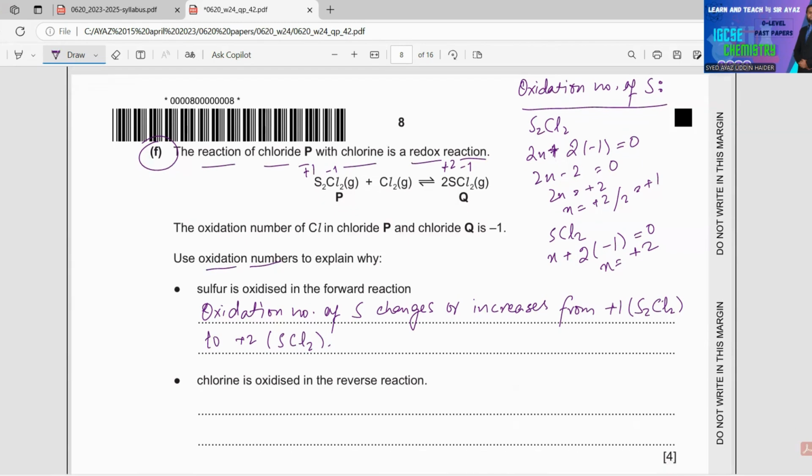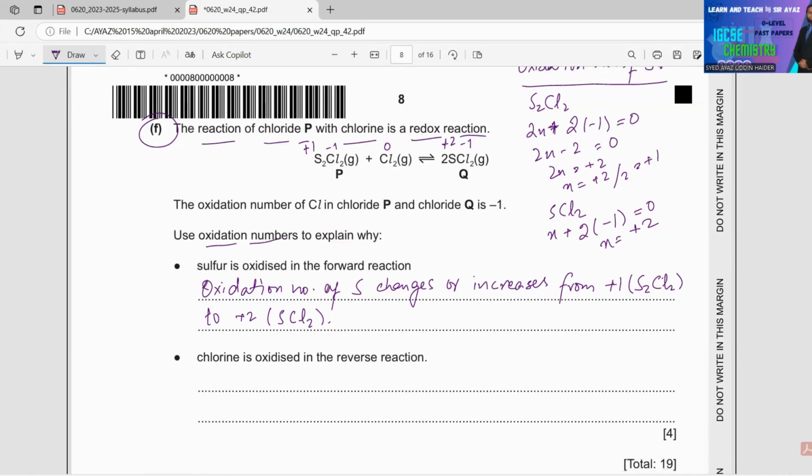Now chlorine, they are saying chlorine is oxidized in the reverse reaction. So in the reverse reaction, you see that is gas state of Cl2. It does not carry any charge, so it must have 0 as its oxidation number. So now they are saying that chlorine is oxidized from SCl2 to Cl2, that is in the reverse direction.